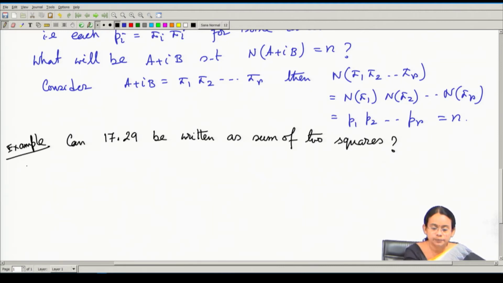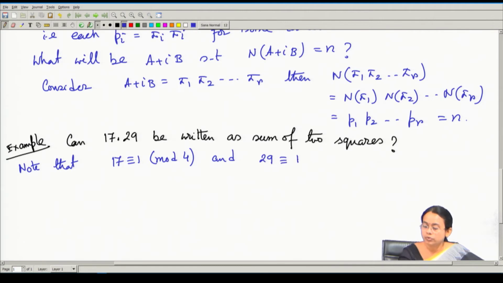Note that 17 is congruent to 1 mod 4 and 29 is also congruent to 1 mod 4. That means these are not irreducible elements in Z[i]. So, I can factor: 17 can be written as (4 plus i) into (4 minus i).